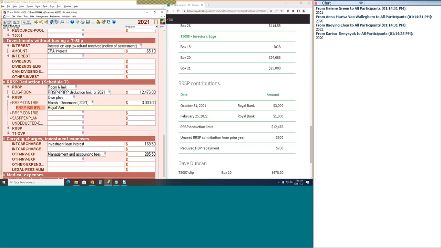The reason for this is that some people have RSPs at multiple financial institutions. I had this happen with a client who had a really complicated RSP over-contribution scenario. We were trying to track down all of her contributions for multiple years back. We went 6 years back in her case.